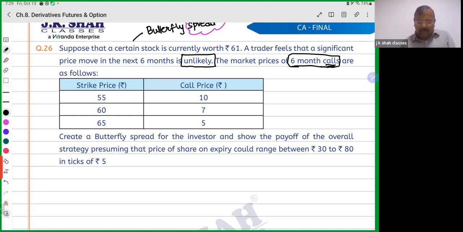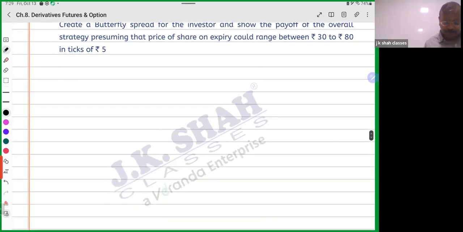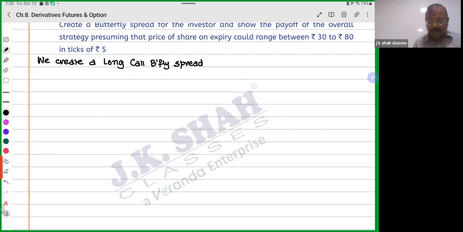Okay. Now, that means we create a long call butterfly spread. Leave some space after this sentence. We'll fill up something later.